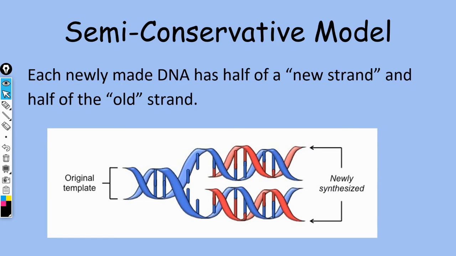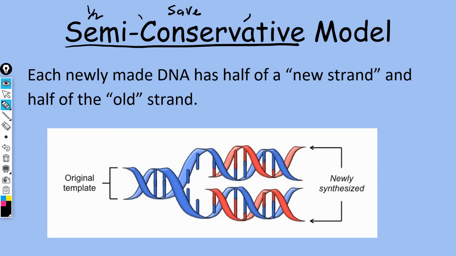The other thing that you need to know about DNA replication is the model that is the correct replication model. And the model that is the correct replication model is what we call the semi-conservative model. Semi, think of that as half. Conserve, think of that as, we save it.